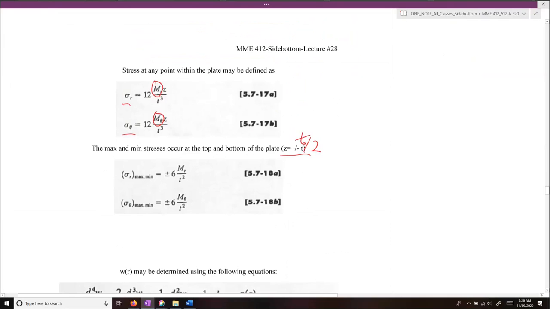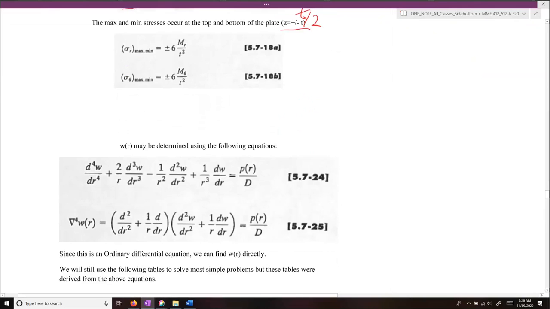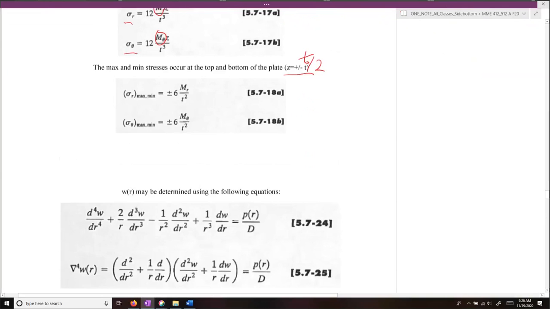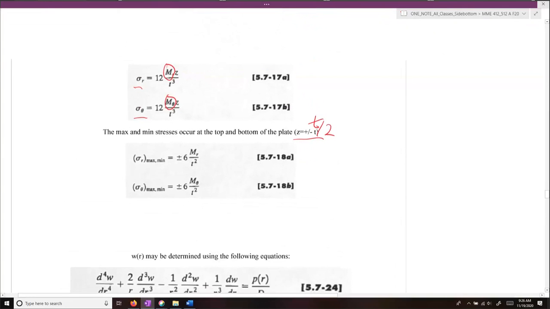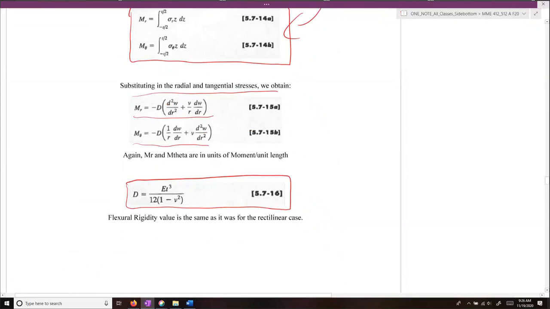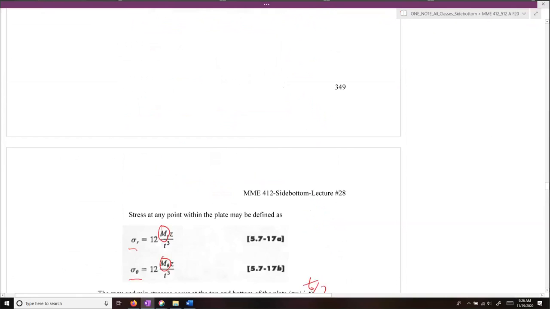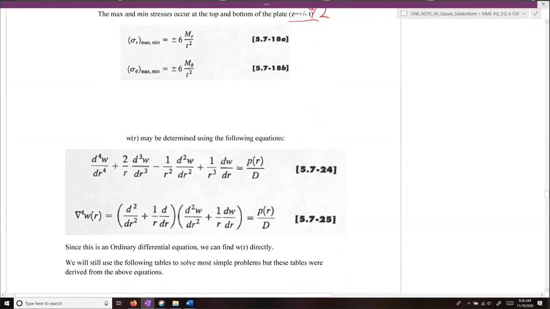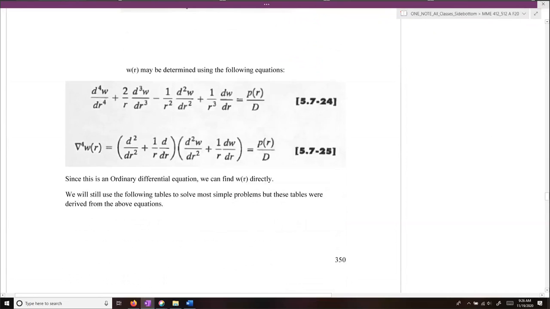All right. The only thing that's left is we don't know what w is as a function of r. We need w to calculate m of r and m of theta. In order to calculate w of r, we can use this ordinary differential equation that we have on the bottom here.